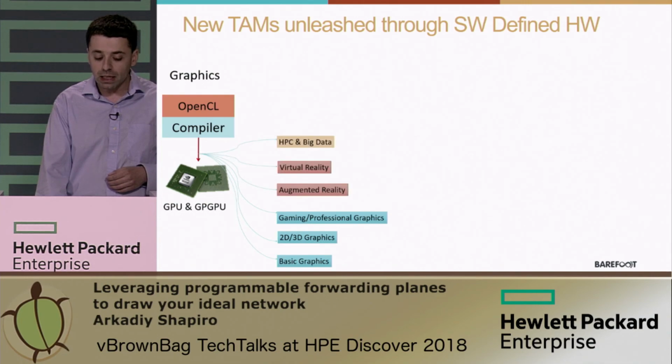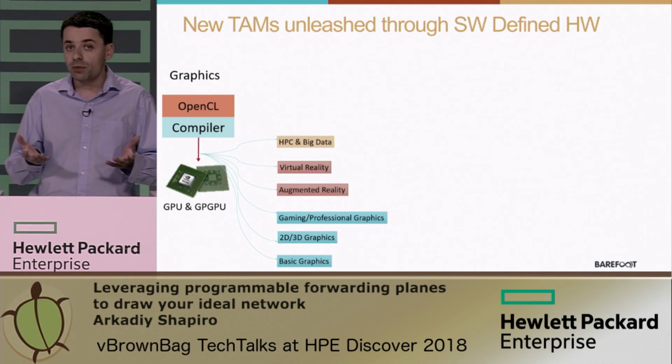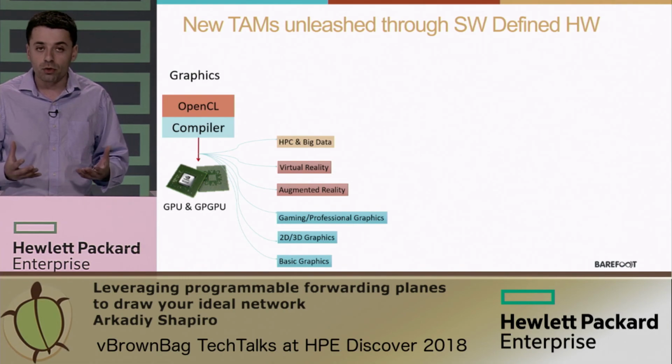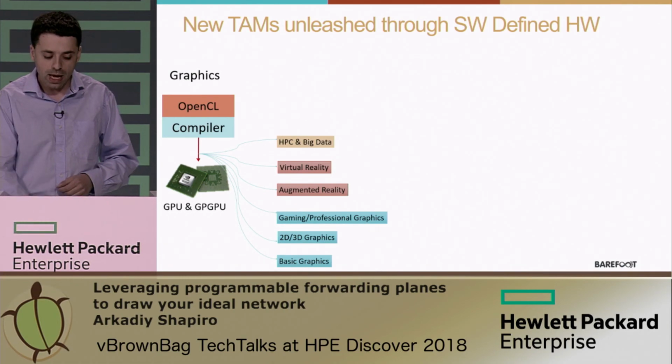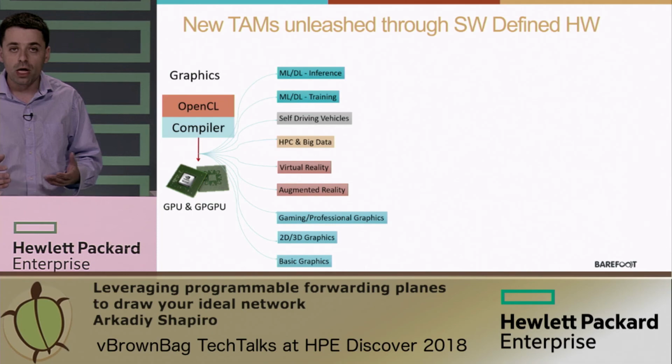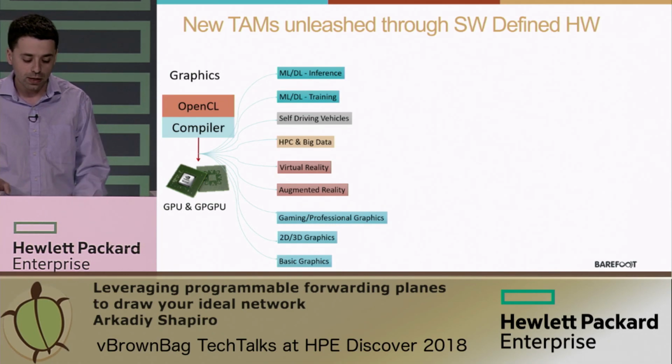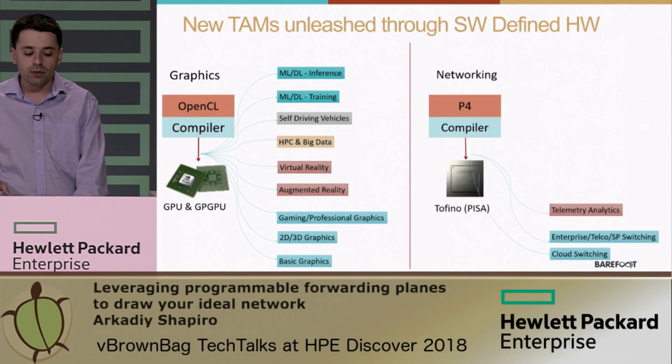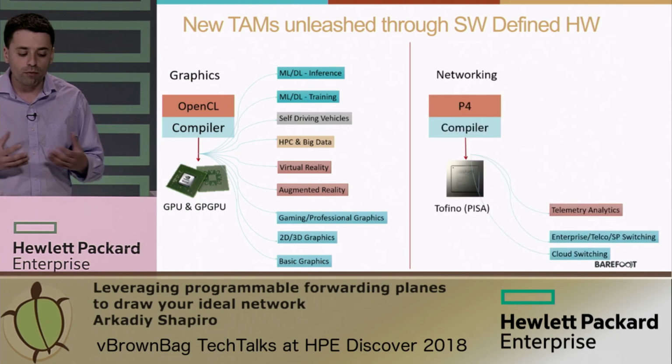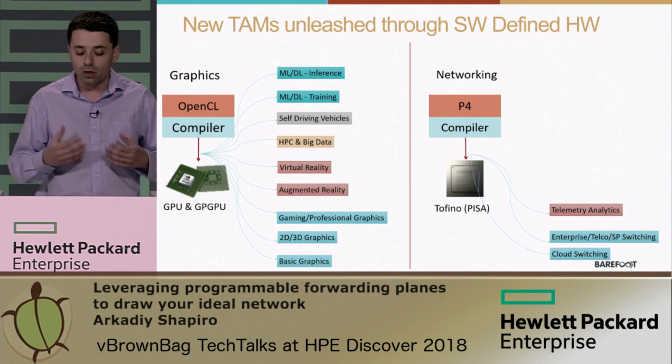But later on, folks discovered that GPUs could be used for big data, for virtual reality. And now we're starting to see them being used for machine learning applications, for automotive, like self-driving vehicles, and so forth. So we see a similar trajectory with programmable silicon for networking.